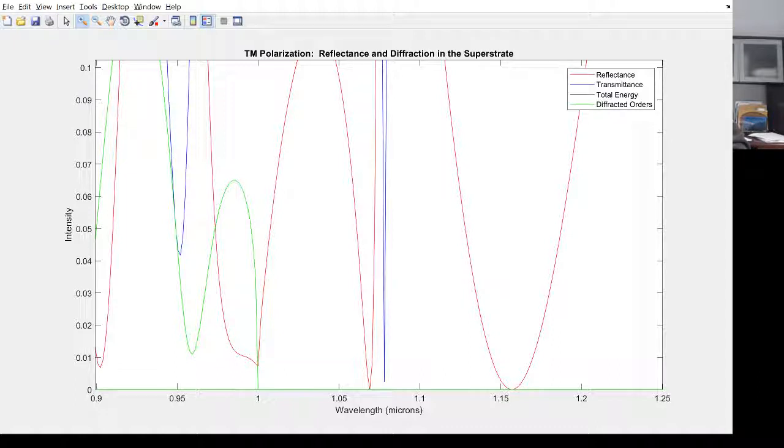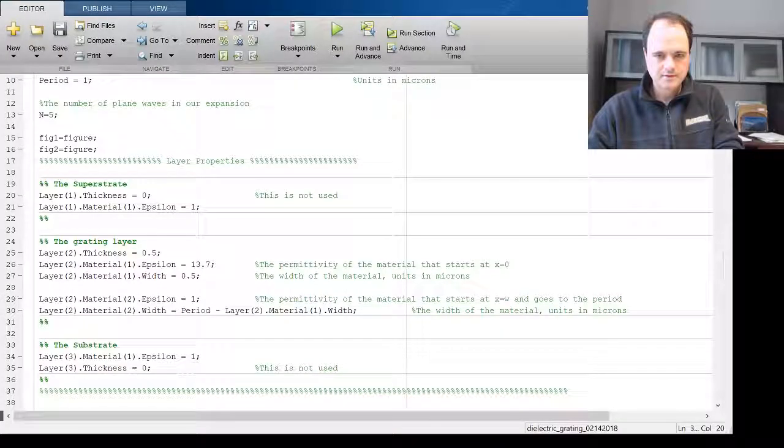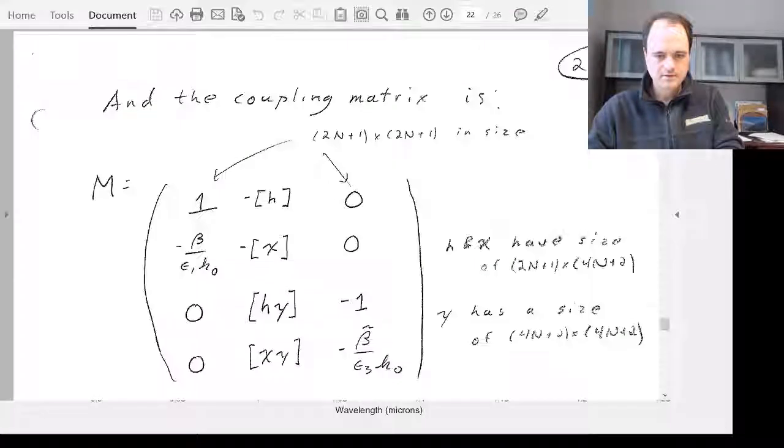So you'll have to go through the notes, but we built upon the last lecture where we developed the Floquet theorem, which showed you how you had to expand the fields in patterned materials and periodic materials.